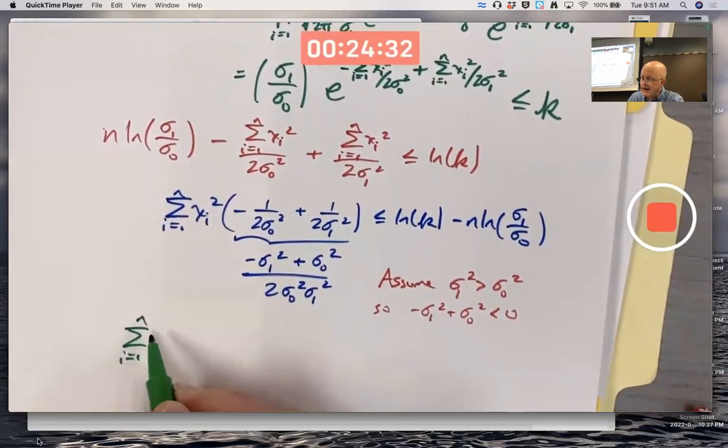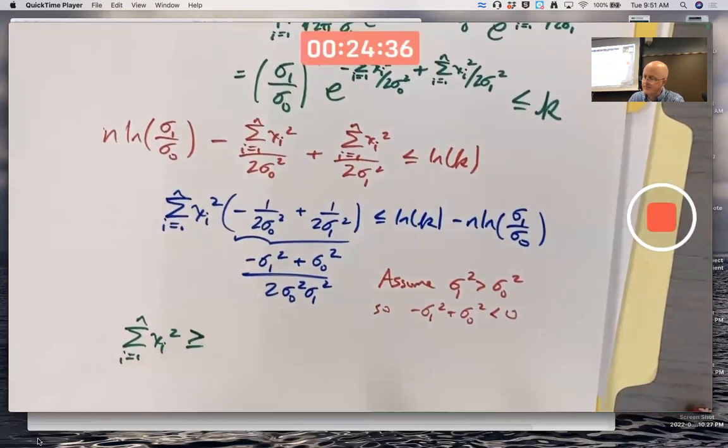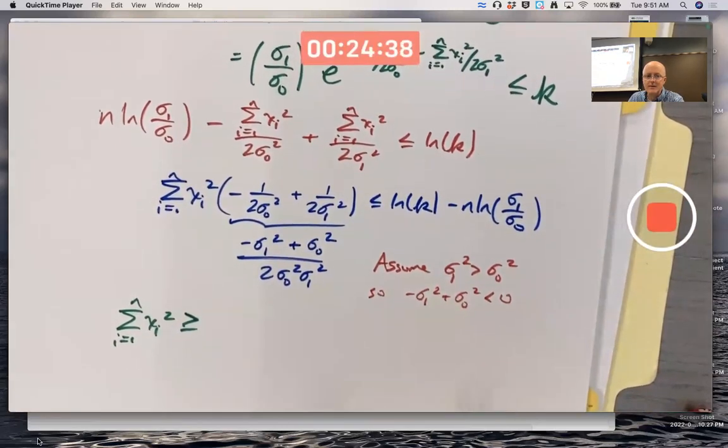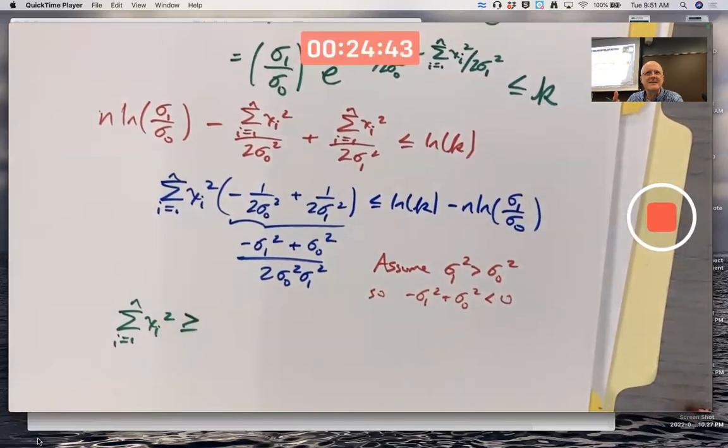Summation i goes from 1 to n of xi squared must be greater than or equal to, not less than or equal to. It's a right-tailed test.